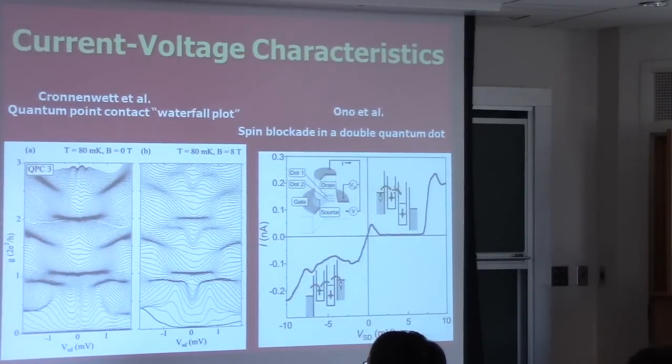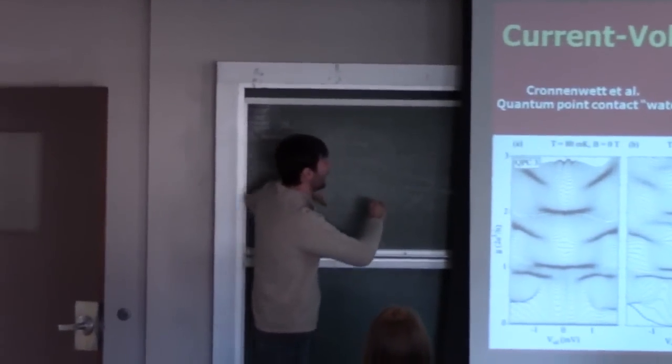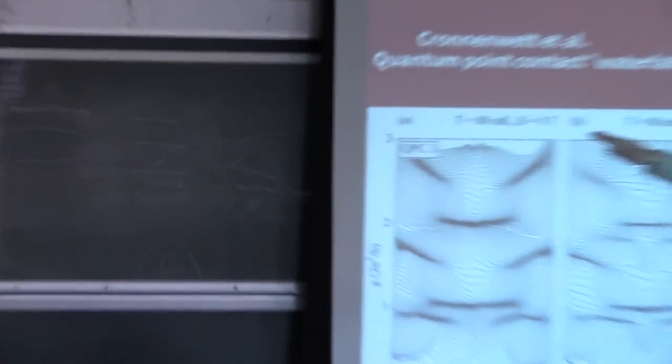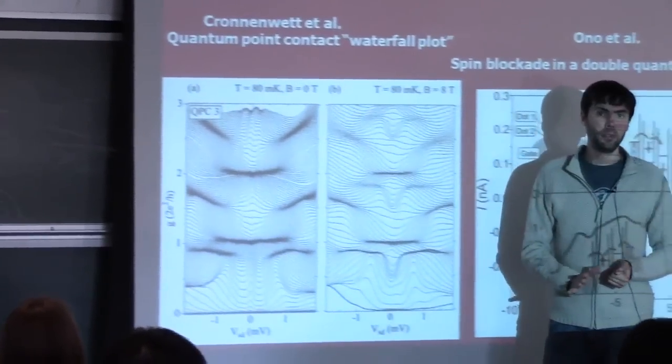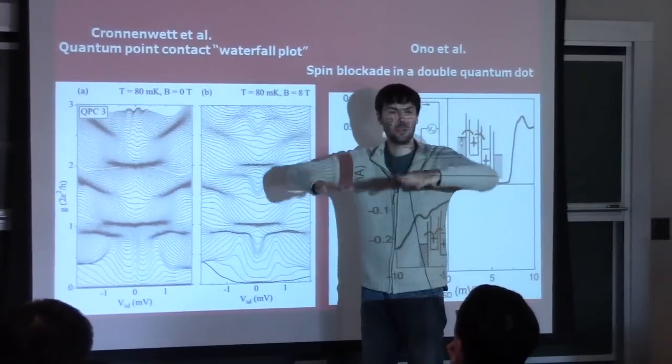So we apply a difference between source and drain, and we plot not the current, but the derivative of current with respect to this voltage bias. This kind of representation of the data is often called a waterfall plot. The data flows like water.